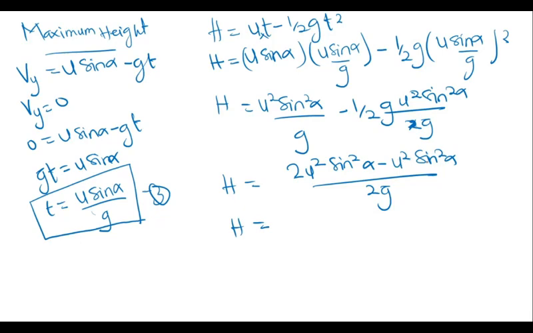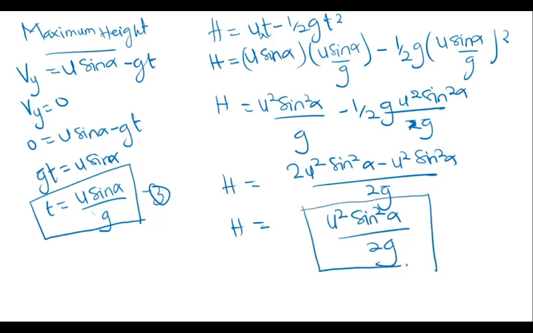We have u square sine square alpha and twice that, so if we subtract, we just get u squared sine square alpha all over 2g. So this is the formula that we use to get the greatest height, or the maximum height, for a projectile, in case we are asked to find that.